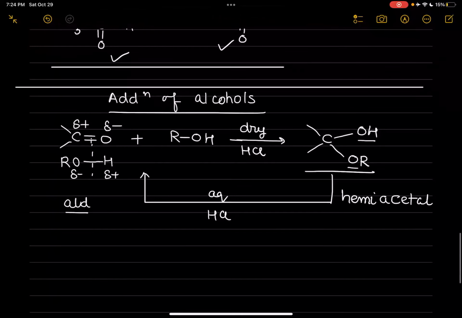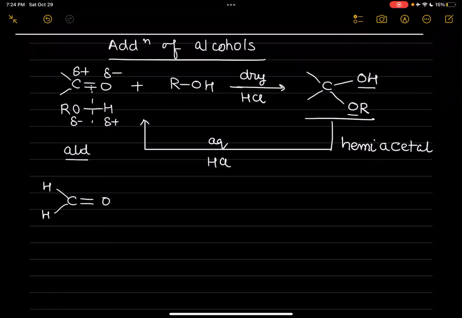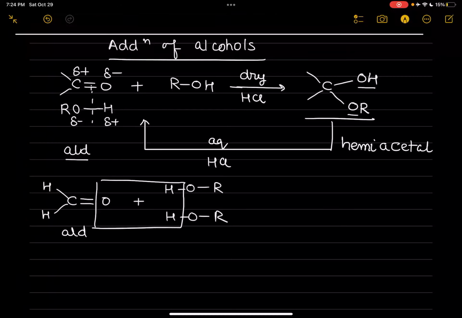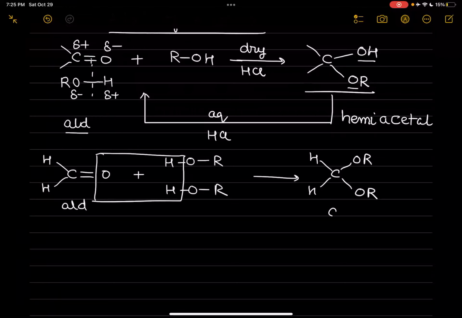But suppose if you react an aldehyde with two alcohol molecules, then the water is going to get removed, and this is going to be complete acetal.